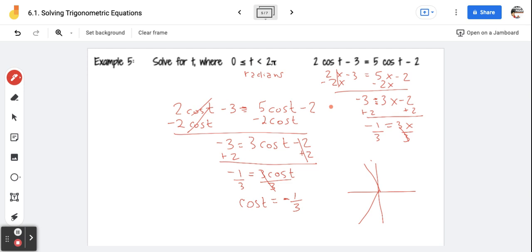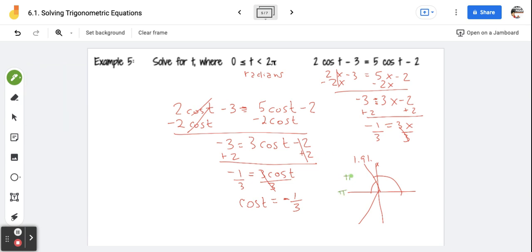All right, so this angle is 1.91. Remember, this is 1.57 right here, so that puts me into quadrant 2, which is where it should be because that's where the cosine's negative. And that would make the reference angle here. So I'm going to go find my reference angle. So this would be pi, because it's pi here.